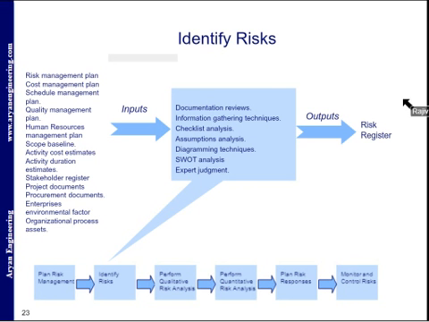And finally we will get the risk register. In this risk register, what are these? That is a list of identified risks and the potential responses, root cause, and if required.